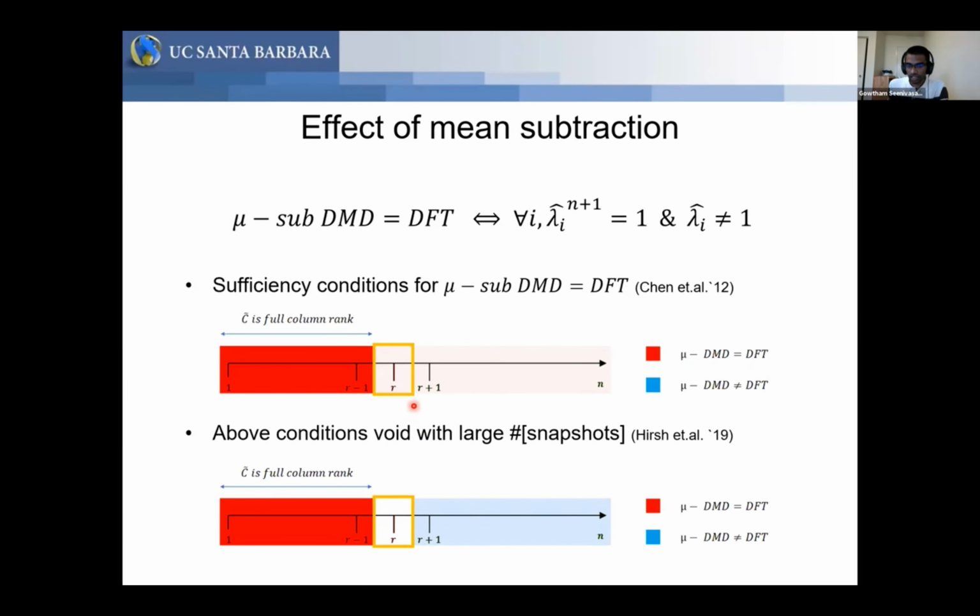Now, it doesn't really say anything much about the large data regime, and more recent work addresses that question partially. This work by Hirsch and co-workers shows that the conditions that Chen and co require don't necessarily hold in the data-rich regime, and our contribution is to complete this line of work.